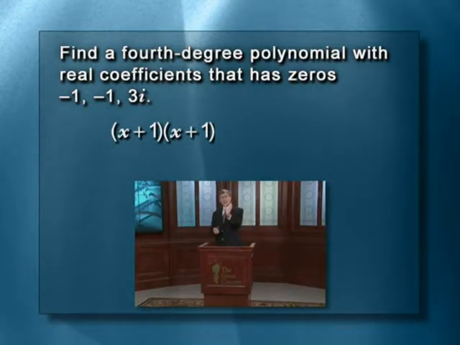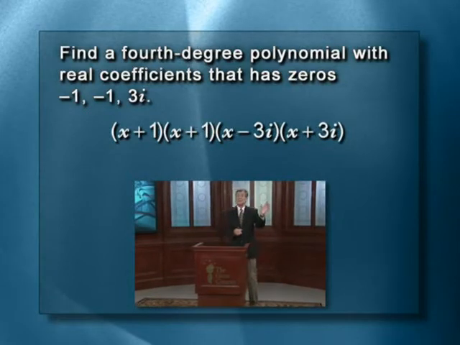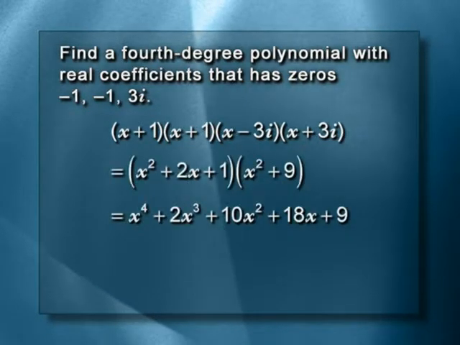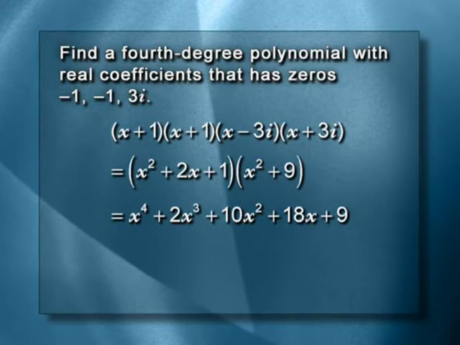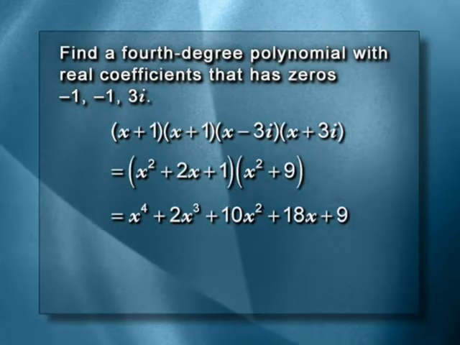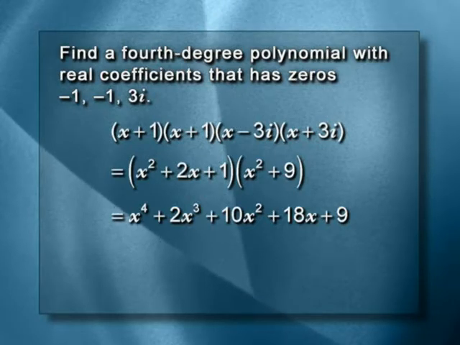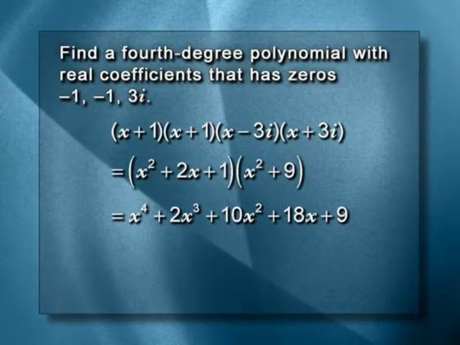So we get (x plus 1)(x plus 1)(x minus 3i)(x plus 3i). 4 terms. And then you multiply this out. I won't bore you with the details of multiplying it out. It's a non-trivial task. But when you do that, here's the final polynomial you get: x to the 4th plus 2x cubed plus 10x squared plus 18x plus 9.